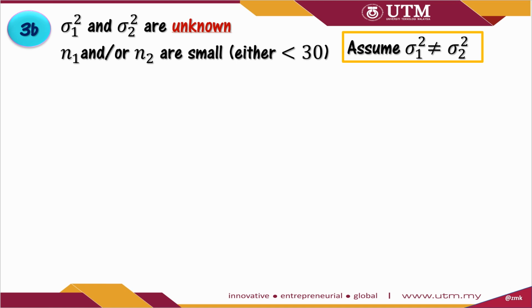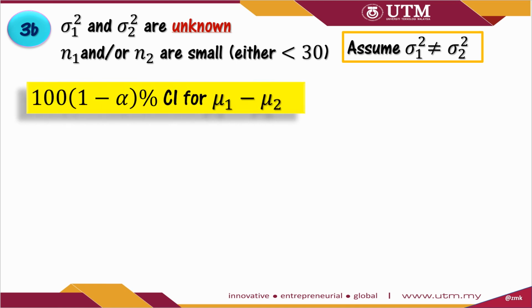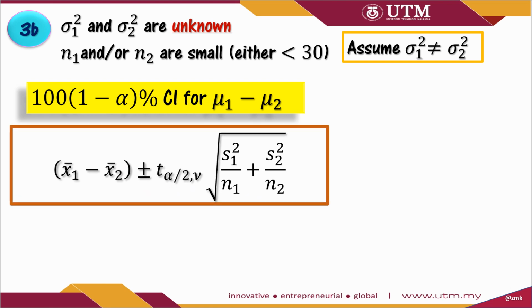Here, the 100 times (1 minus alpha) % confidence interval for the difference between the unknown population means mu1 minus mu2 is then given as follows.